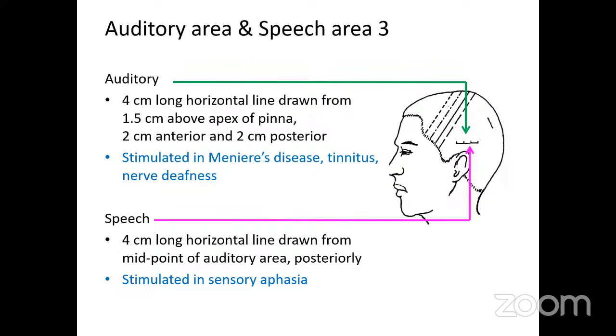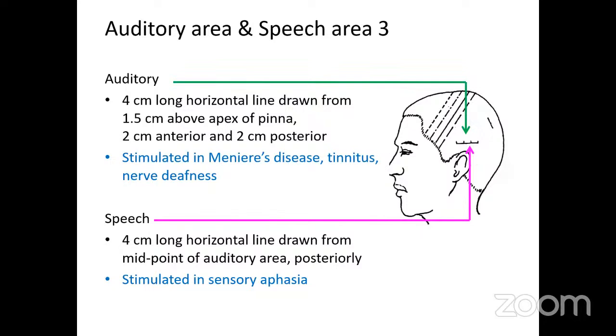Now, if this line is extended posteriorly for another 2 centimeters, then it becomes a 6 centimeter line. Its posterior 4 centimeters becomes speech area 3. Okay. So the middle 2 centimeters are common to both auditory as well as speech areas. Anterior 4 centimeters of the 6 centimeters becomes auditory area.